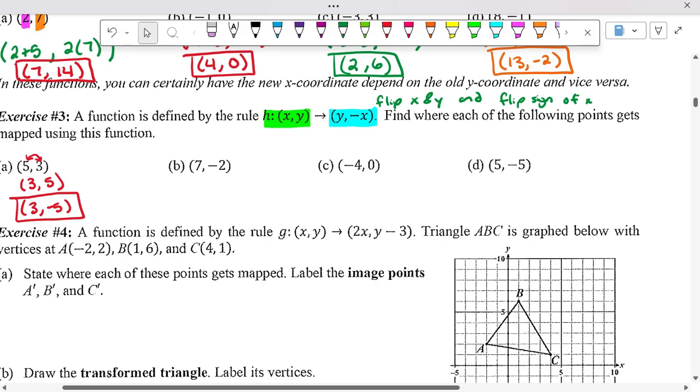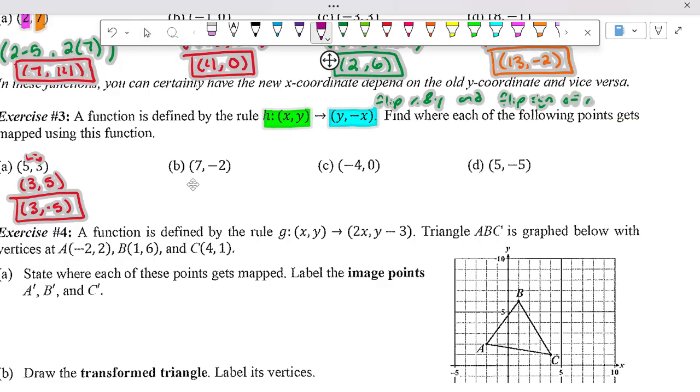Let's try letter B. Walk me through it. What should I do? You should flip the x and the y first. Okay, so that'll give me negative 2, 7 if I flip it. Then what do I do? Make the 7 negative. So make the original x negative. So this would be negative 2, negative 7.